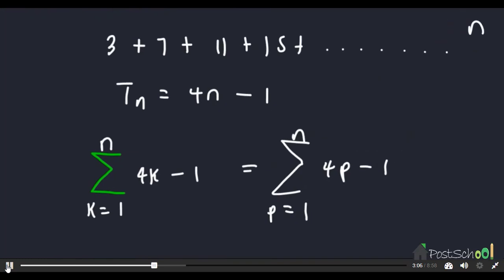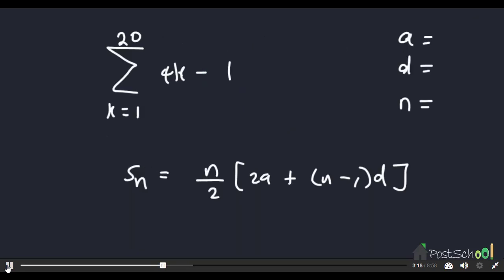From this we can see that our a is 3, and we already know that the difference is 4 from the previous questions. So we can just say a is 3, d is 4. But I'm going to show you another way which makes these values easy to see.